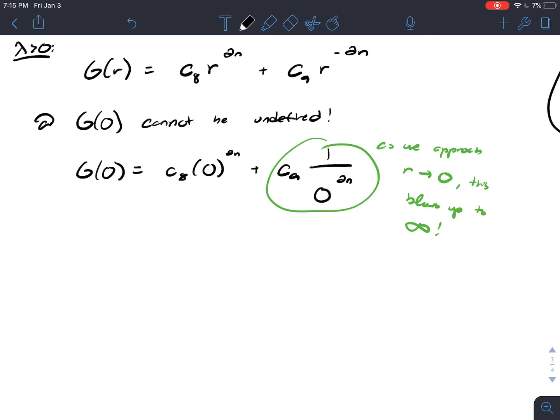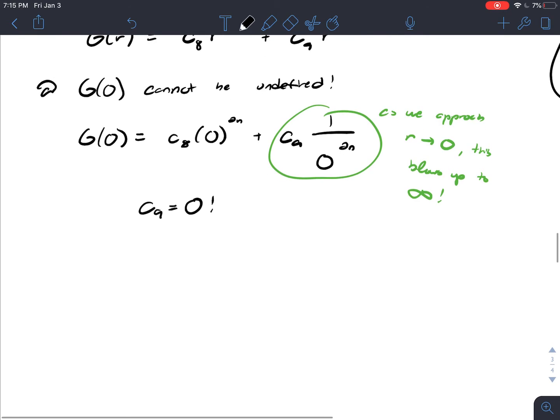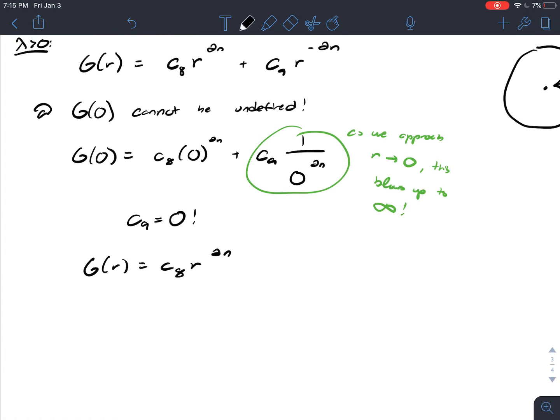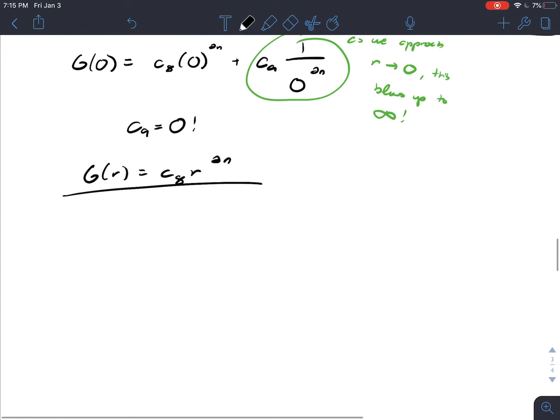Okay? And we don't want that, because that doesn't make any logical sense. How is heat flow infinite at the center? So therefore, we're going to force C9 to be 0, because we don't want our solution to blow up, right? So g of r is going to be equal to C8 r raised to the n, where C9 is equal to 0 for all intents and purposes, so that our solution does not misbehave at 0.